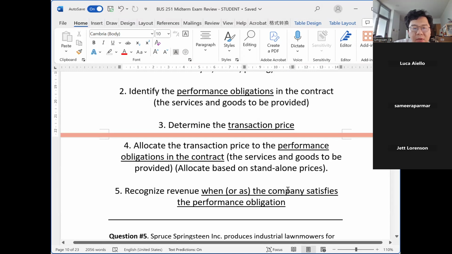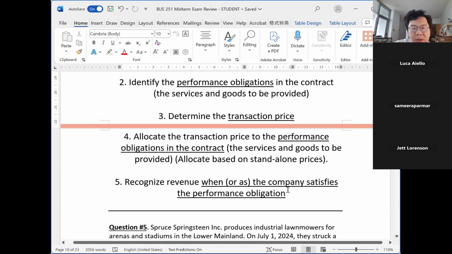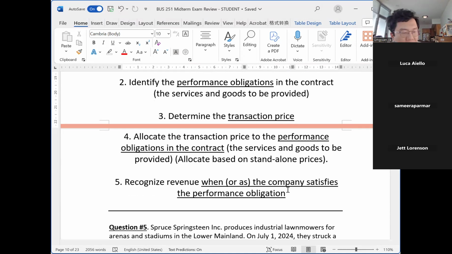What typically is the service and what is the good to be provided and delivered. And next one, determine the transaction price, and it's always stated in the contract. And the fourth thing, allocate the transaction price to the performance obligations in the contract, the service and goods to be provided.